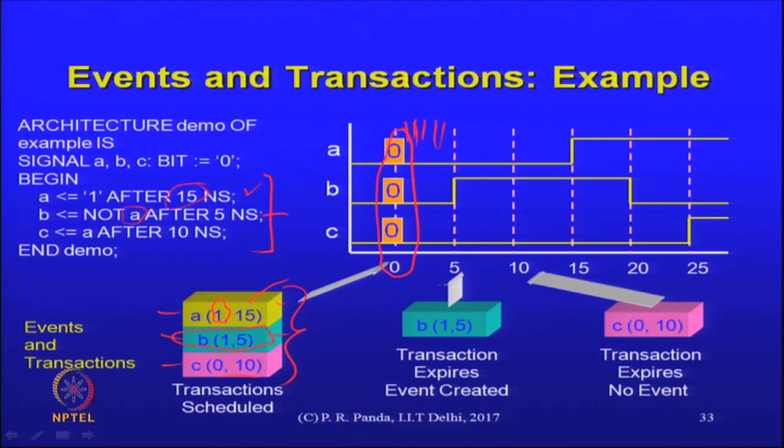Then we pick up that transaction B15 and process it. Pick up that particular B15 operation. We need to know the present state of A. To pick up the B15 operation, do we need to know the present value of A? B is nothing but not of A. But to pick it up, do we need to?